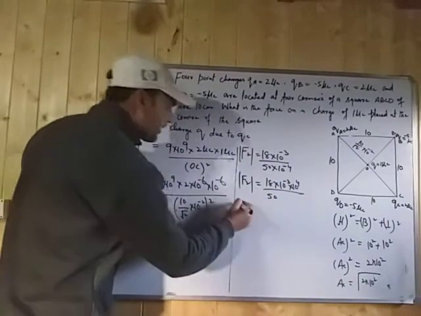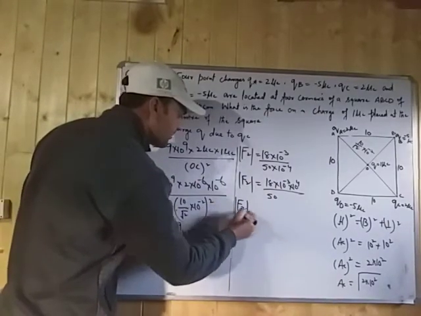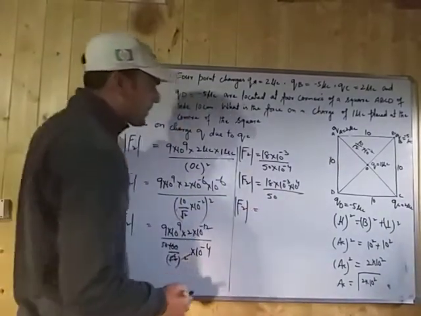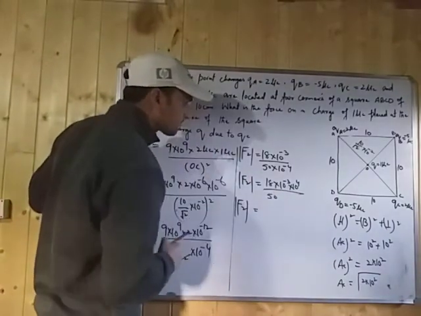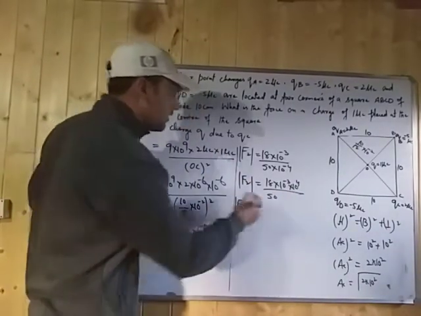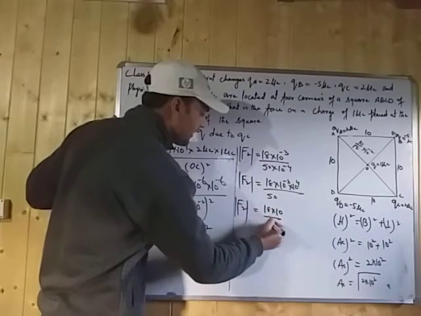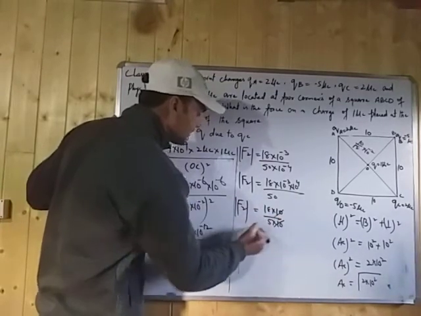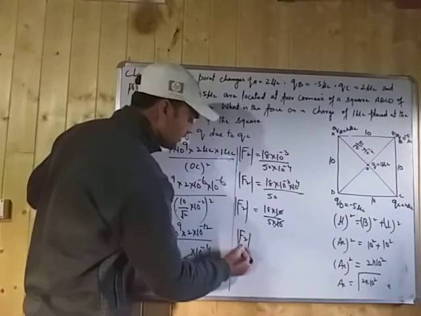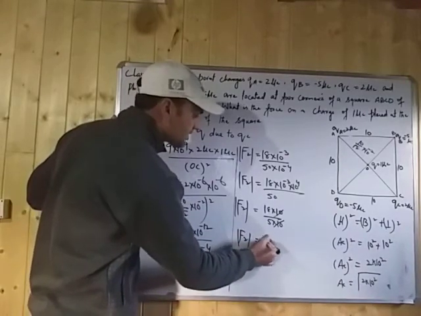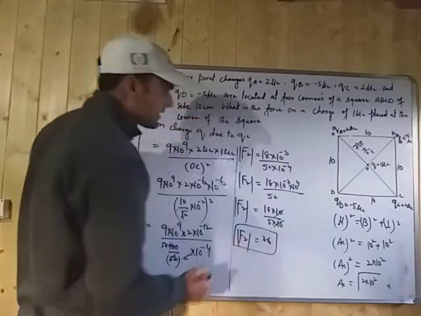Or F2 is equal to 18 into 10 divided by 5 into 10. So this will cancel each other. So F2 is equal to 3.6. So it is again 3.6.